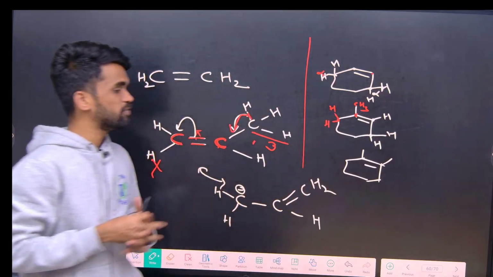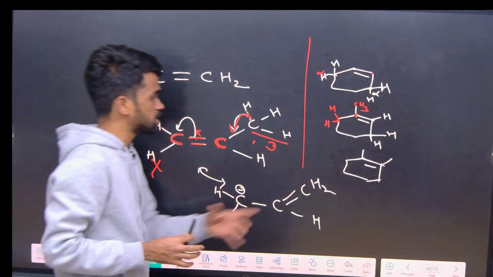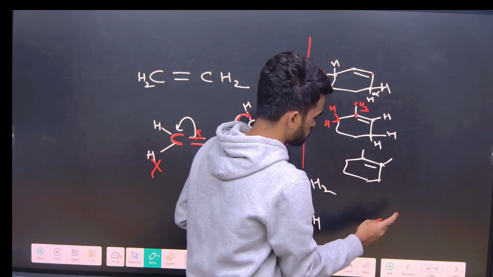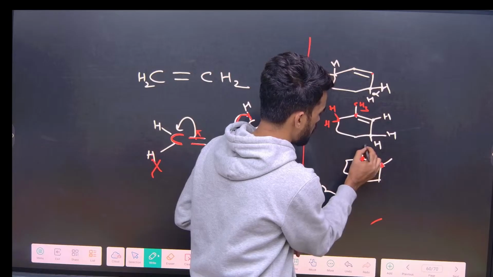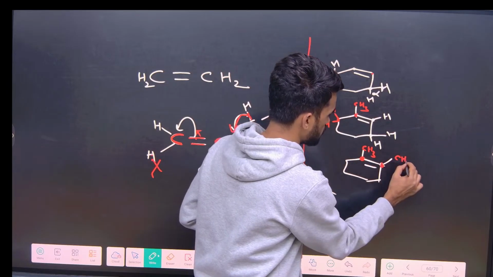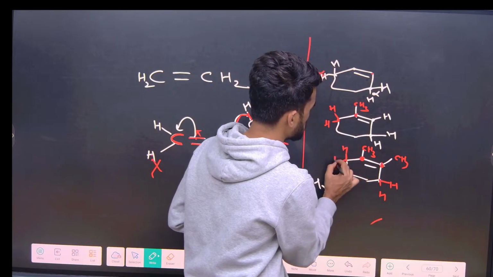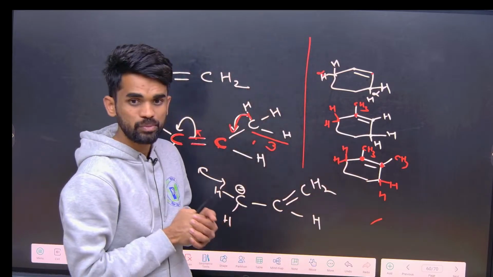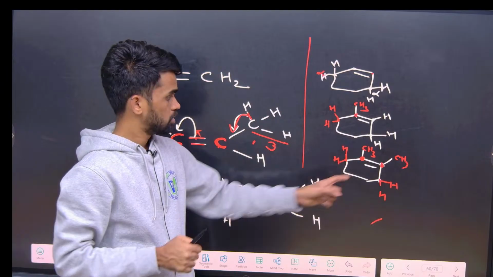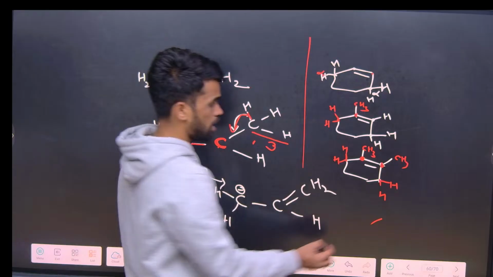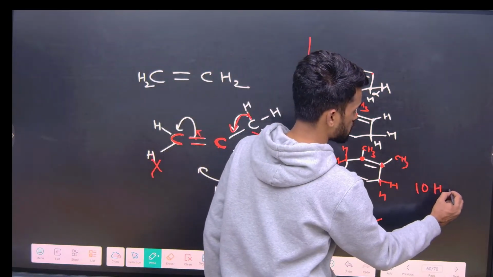Just identify the number of alpha hydrogens. See, in this case how many are there? The alpha carbon is here, this one also and this one also. Just count the number of alpha hydrogens, maximum in which case? In this case. How many are there? 6 plus 4. So 10 alpha hydrogens, 10 hyperconjugations are possible here.